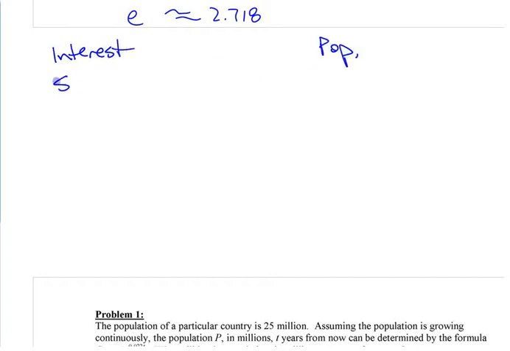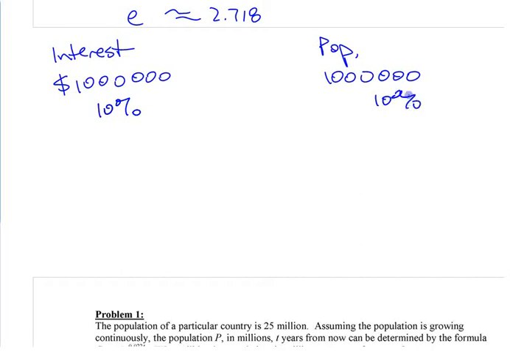Let's say we have $1,000, or 1,000, let's say 1,000,000. Let's make it interesting here. $1 million, or a population of 1,000,000 people. Let's say it's growing at 10%. That would be pretty huge population growth to have something that's growing at 10%. But interest over here, or growth through immigration, or babies being born and all that sort of stuff, right?